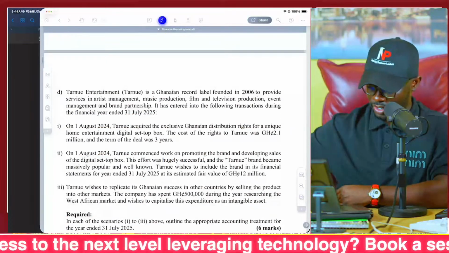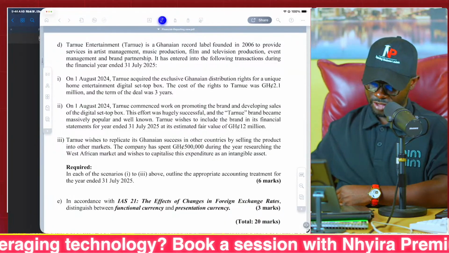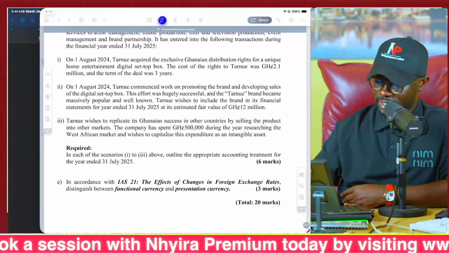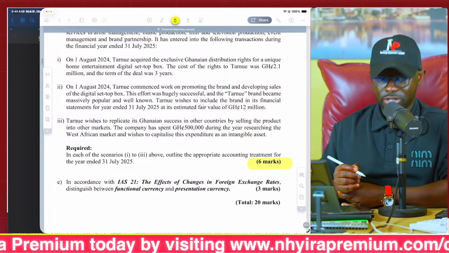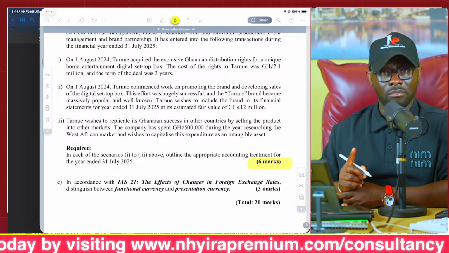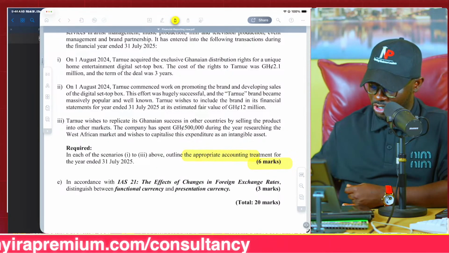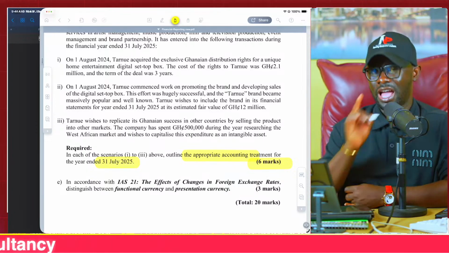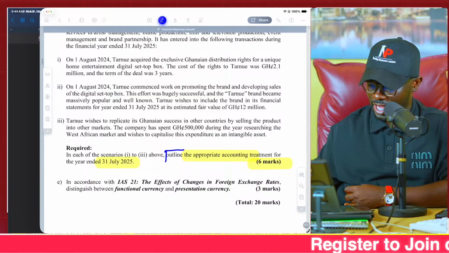Let's get a fourth one here. What do we have? For D, 6 marks. In each of the scenarios, I to III above, outline the appropriate accounting treatment for the year ended 31st July 2025. Outline. So the active verb here is outline.